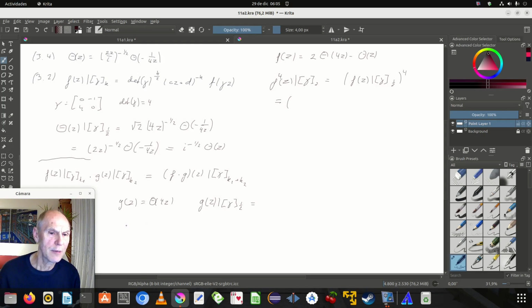So it's the same as above. Square root 2, 4z to minus 1/2, theta of minus 1 divided by z.